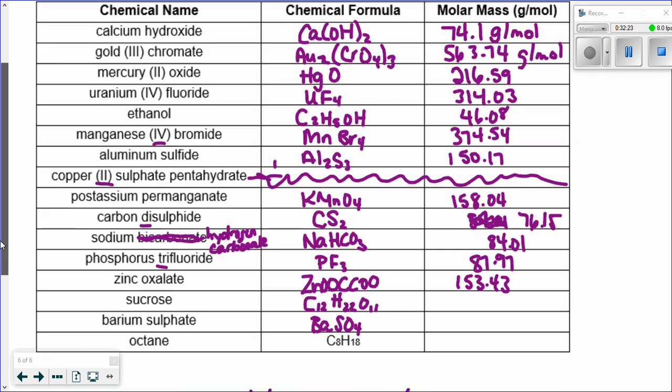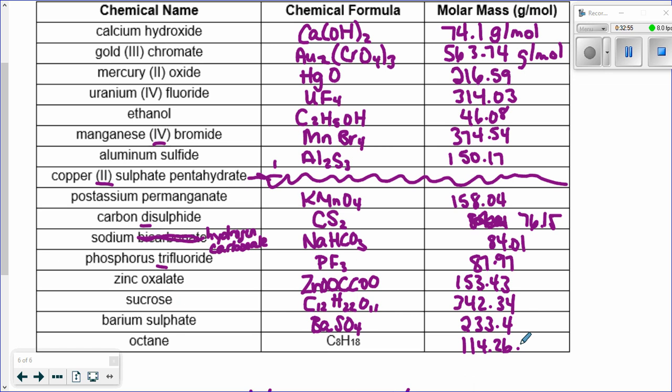Sucrose, which was probably a bit of a process to calculate, is 342.34. 233.40, I believe, and 114.26. I can see I have whiteout on a couple of these, so I obviously made a mistake before. Hopefully I don't have any of those wrong still. But have a peek through.